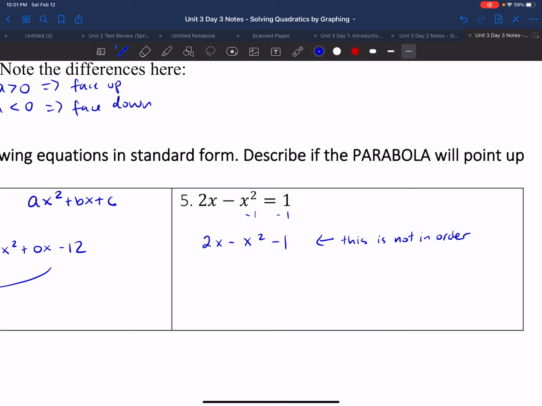So I need to rewrite this and say, okay, negative x squared, and then since this is positive, I'm going to put plus 2x, and then I'm left with this minus 1 over here. And now this is rearranged. Now this is in standard form, and of course, it's okay to have a negative, and there you go.